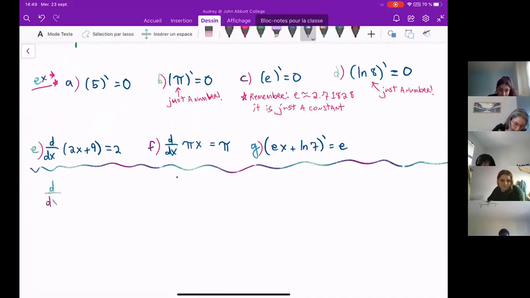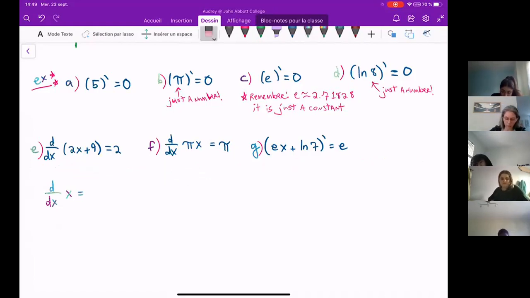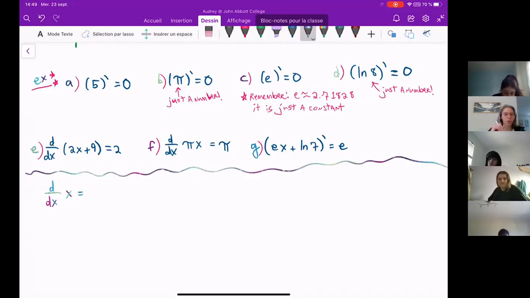If I have d dx of x, what does that equal? That one we just did. Based on what we just talked about in terms of lines and slope, what's the derivative of x? 1. Exactly. This is a line of slope 1.